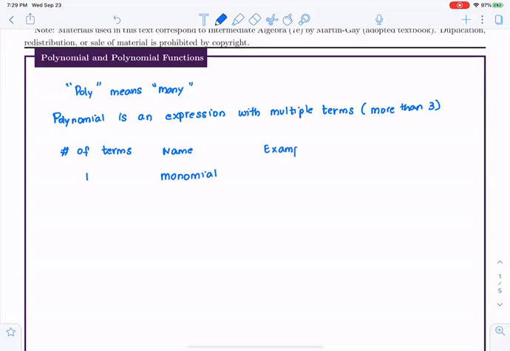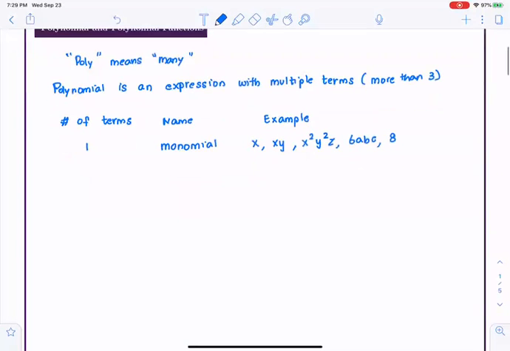Example would be an expression such as x by itself, xy, x squared, y squared times z, 6abc, the number 8 by itself in an expression. All of those are single terms. So they are all monomials because they have only one term in the expression.